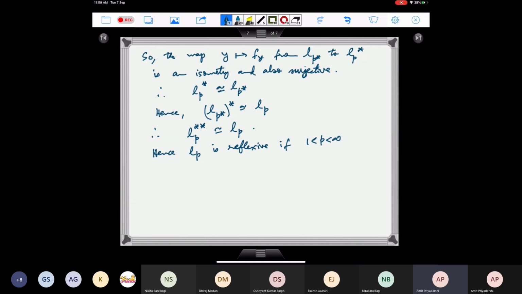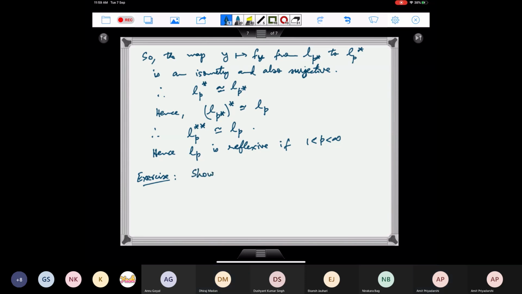So maybe this one I'll leave as an exercise, that you can show that the dual of L1 is L infinity. L infinity is Banach. All these LP spaces are complete.